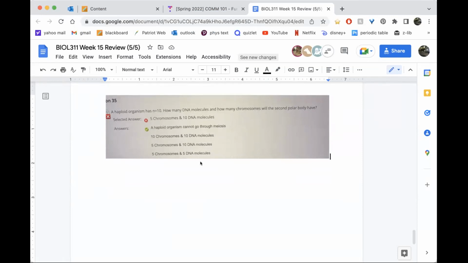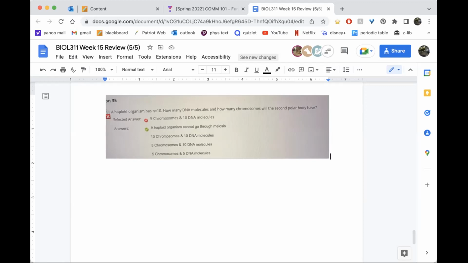And the correct answer would be that a haploid organism can't undergo meiosis. The reason is that if you try to split its chromosomes up, it would be missing a lot of genetic material. Let's say you're looking at its chromosomes and it has chromosomes 1, 2, 3, 4, 5, and 6. Because it's haploid, it doesn't have any homologous pairs that go along with it.